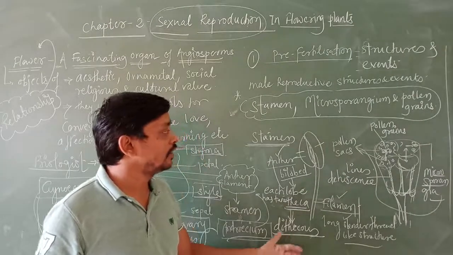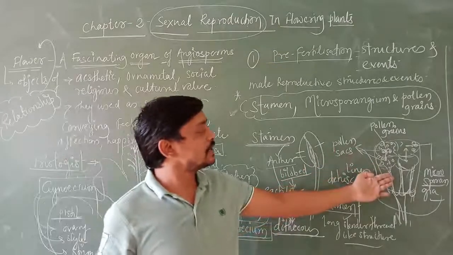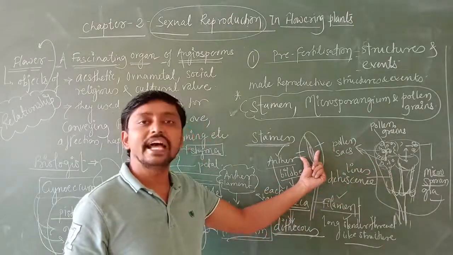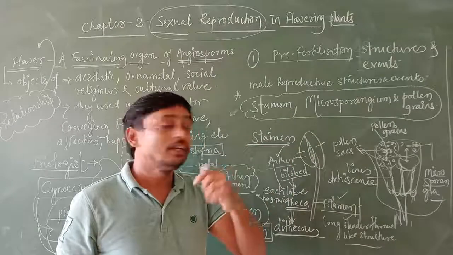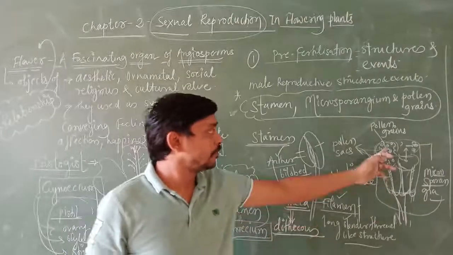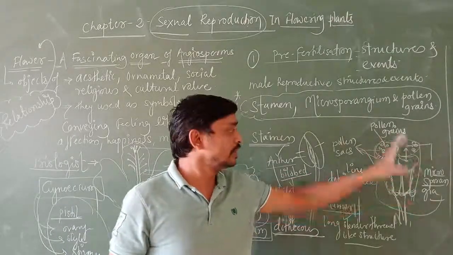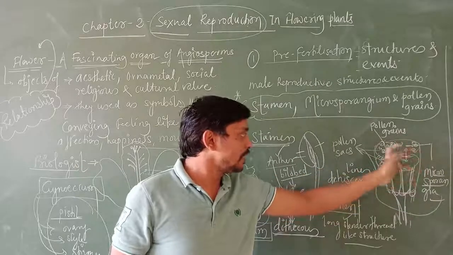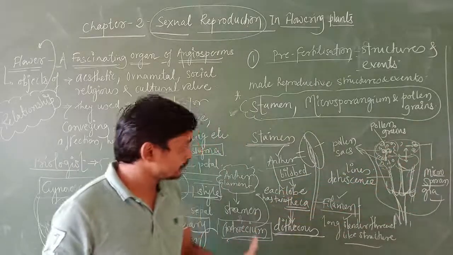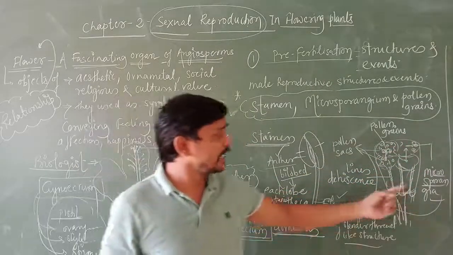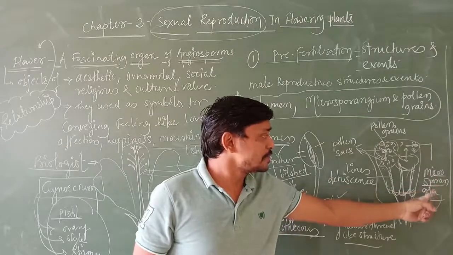That is very important. When we get the transverse section of this anther, at that time we are going to get 4 chambers. 1, 2, 3, 4. In each chamber, or lobe, we are going to get the microsporangia.